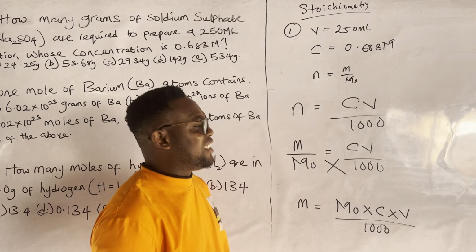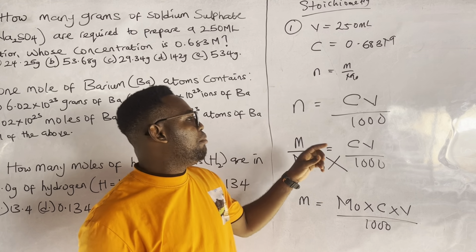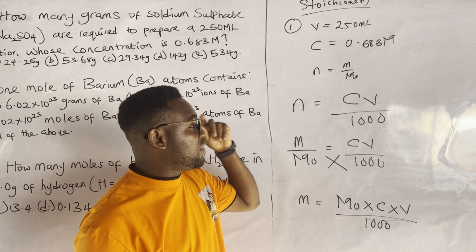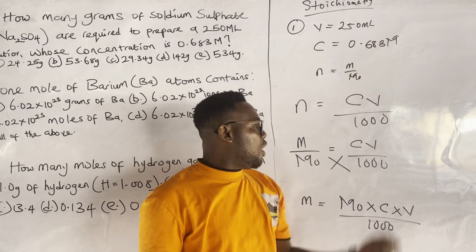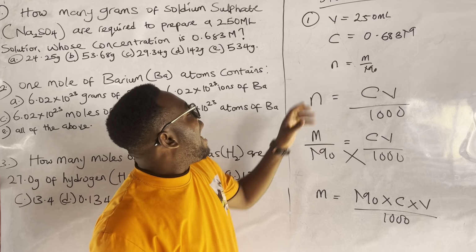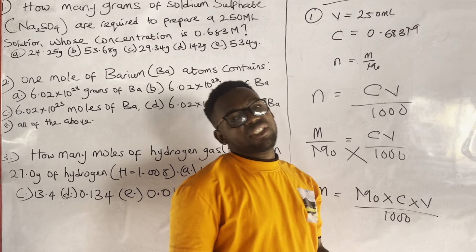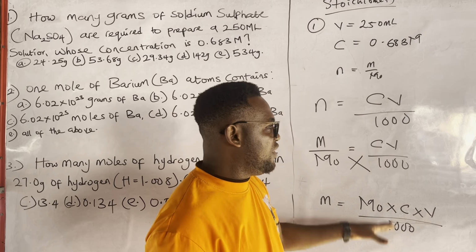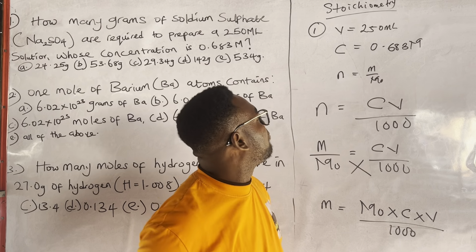Remember that I'm using the 1000 there because the volume in this question has been given to us in milliliters or cm cube. Had the volume been in dm cube or liters, we would have removed the 1000 from the formula. As simple as that.